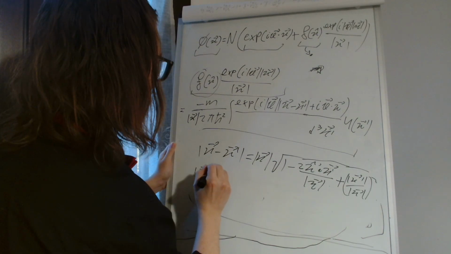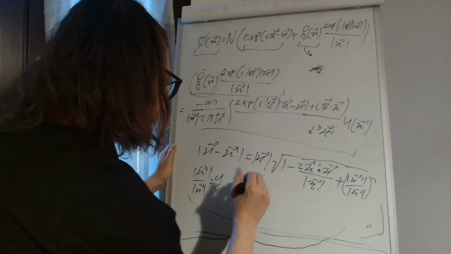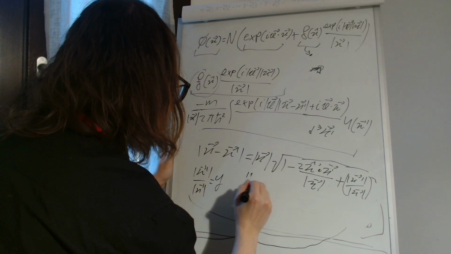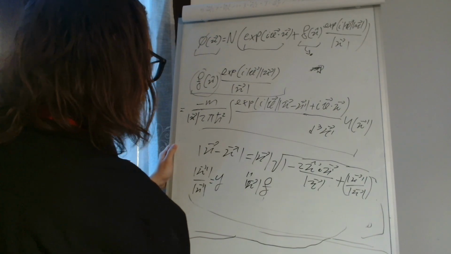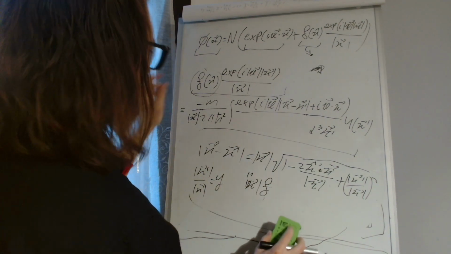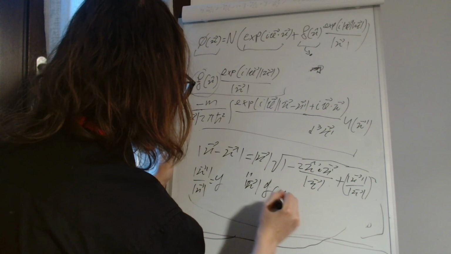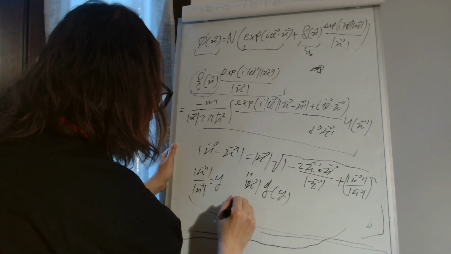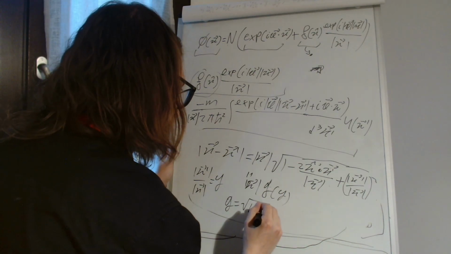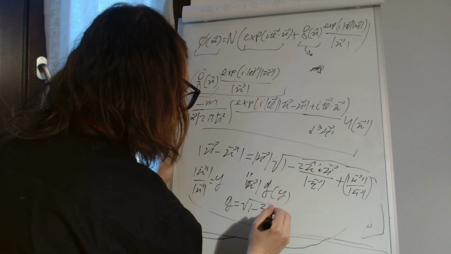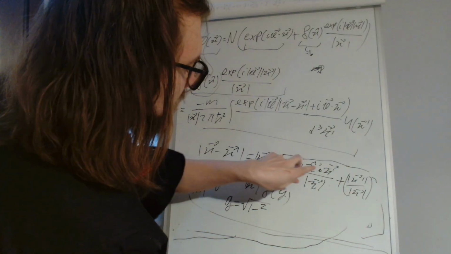We call this ratio y. So this is the modulus of x times f, where the function, I don't want to confuse it with this one, I will call it g of y, where g is the square root of 1 minus 2 the value of the product.